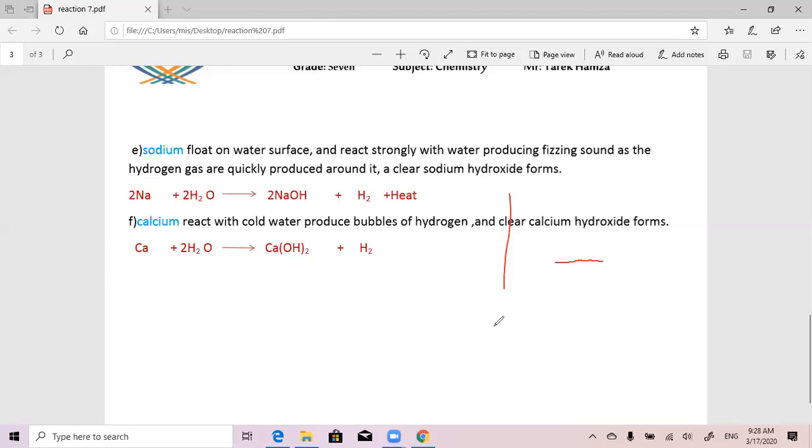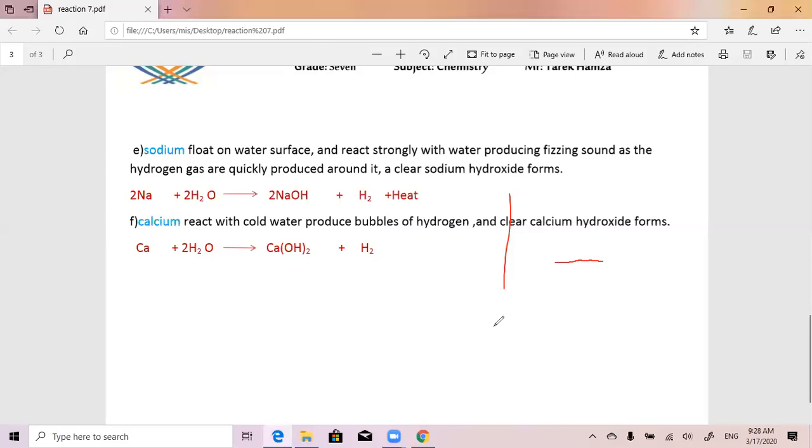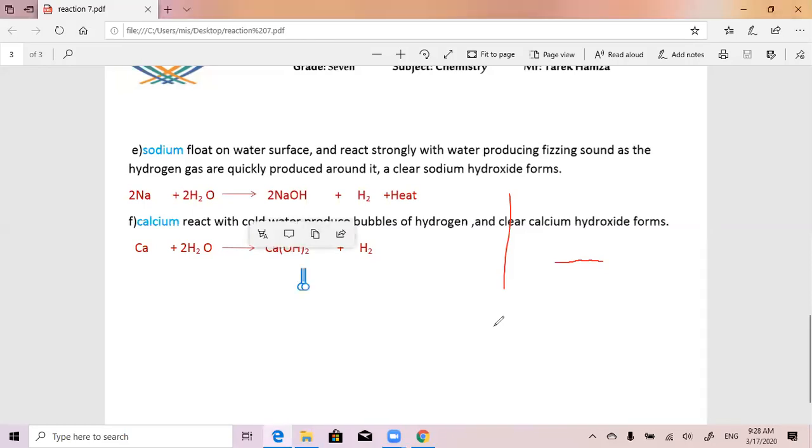The hydrogen evolves and goes away from the container, and the remaining solution is called calcium hydroxide. The equation is calcium plus water produces Ca(OH)2 and hydrogen.